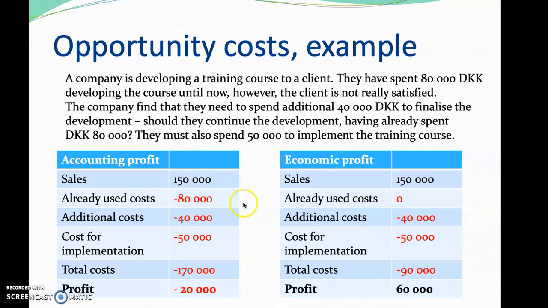But then if we look at the economic, sales 150,000, already used cost 0, additional cost minus 40,000, cost for implementation, and total cost. So it's the already used cost we look at. In these terms, profit of 60,000.